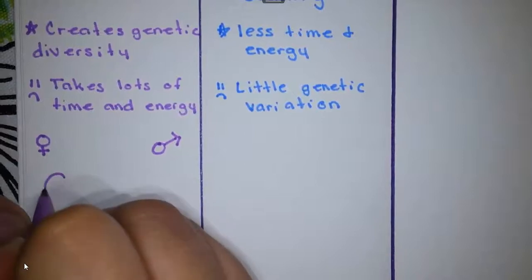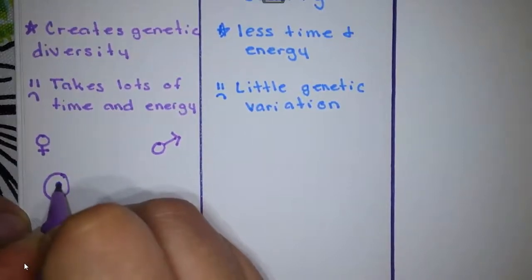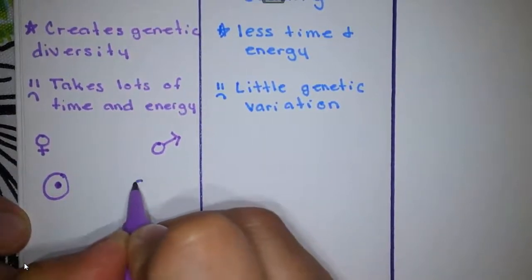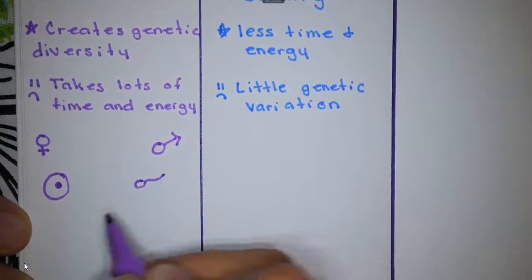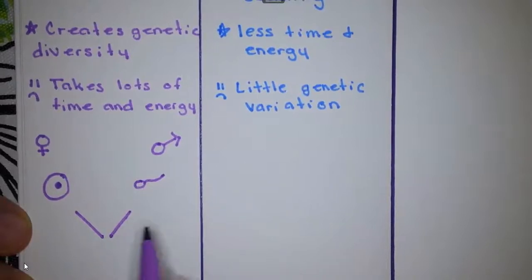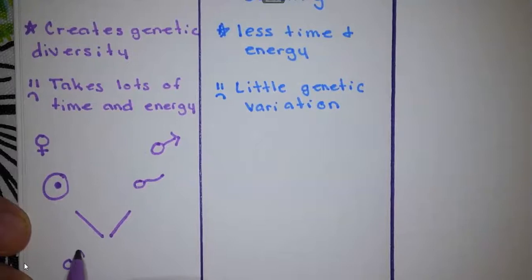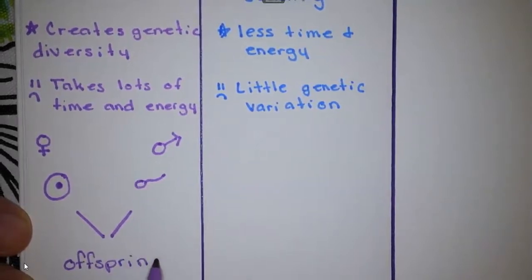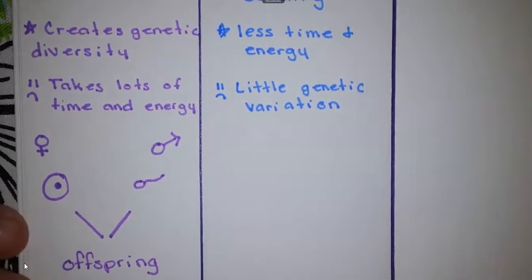So I'm going to draw the egg, and then I'm going to draw the sperm. And when these fuse together, they're going to give you an offspring.